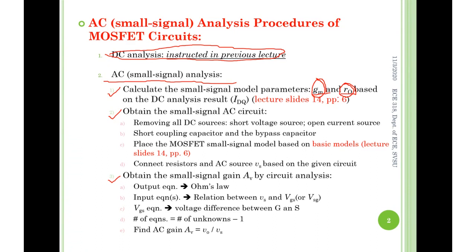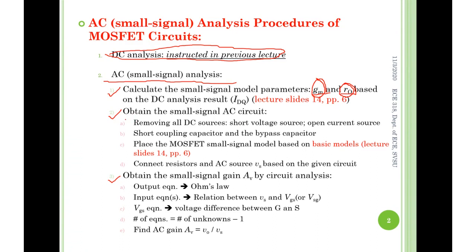So I agree with this definition much, much more. It's the resistance between drain and source. Perfect. Great job. So knowing these 2 things, you need these 2 formulas. This is the first step.